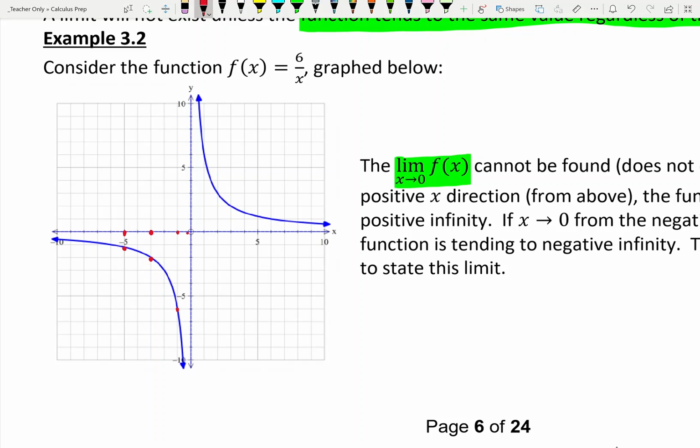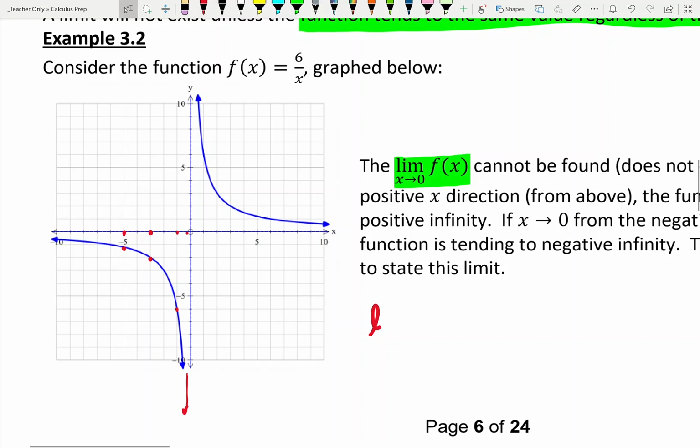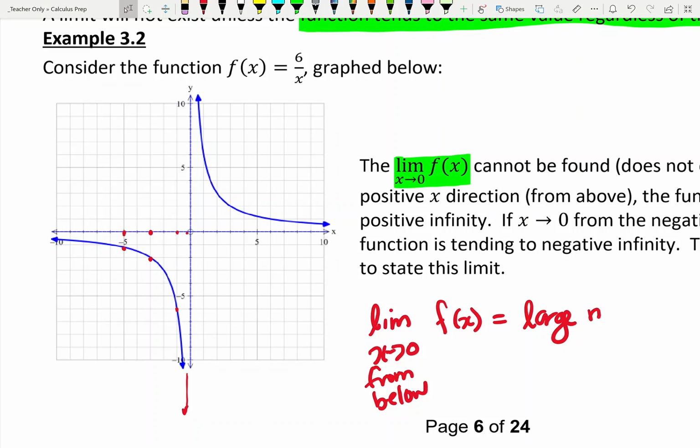At -0.1, the value of the function is some very large negative number. So we'll say the limit as x approaches 0 from below of f of x is a large negative number. That'll do for the moment.